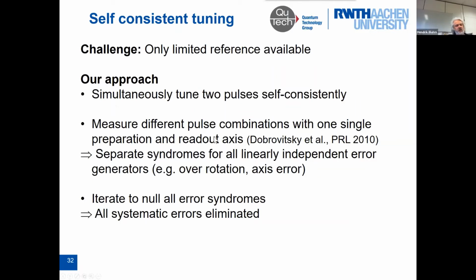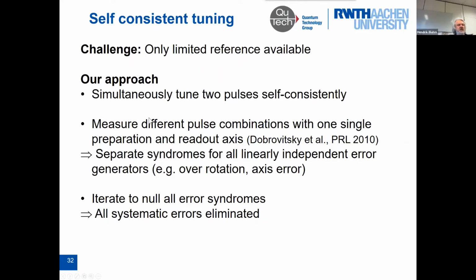And well, then coming more to the methodology, a challenge here is that one only has a limited reference available. If you just apply a pulse, it's not so obvious to tell if it does the right thing or not. The approach we took here is to simultaneously tune 2 pulses self-consistently, which gives enough of a reference, similar to gate set tomography, but in a much reduced version, for those who know that.